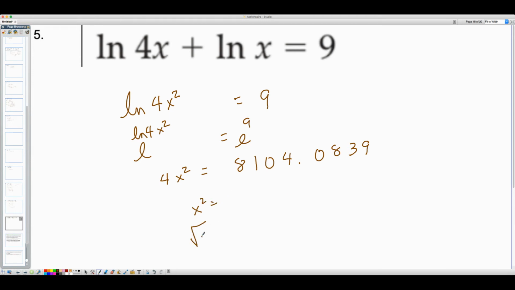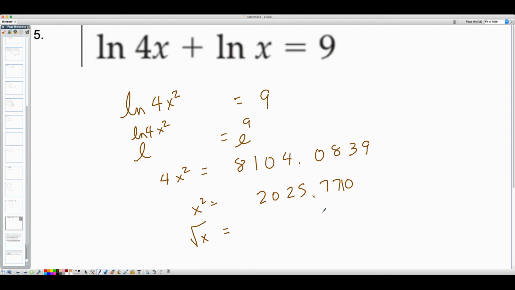and then I take the square root of both sides to get, notice I'm going to get a plus or minus when I take the square root of both sides, but you can't have the natural log of a negative number. So when I divide this by 4, and I take my answer, which is 2025.7710, I'm going to take the square root of that.